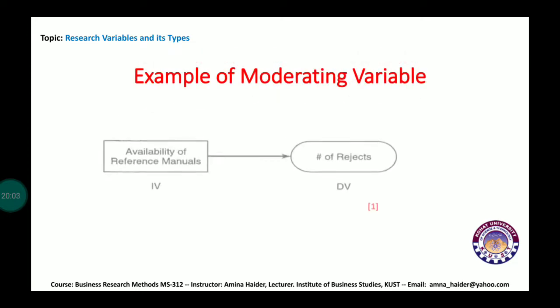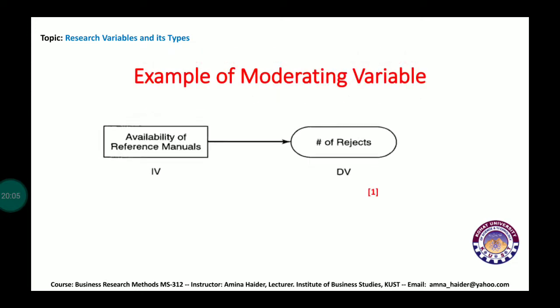So here the availability of the reference manual is the independent variable, and the number of rejects would denote the dependent variable. The more easily the reference manual is available to the employees and they actually follow it, the number of product rejects would actually decrease.